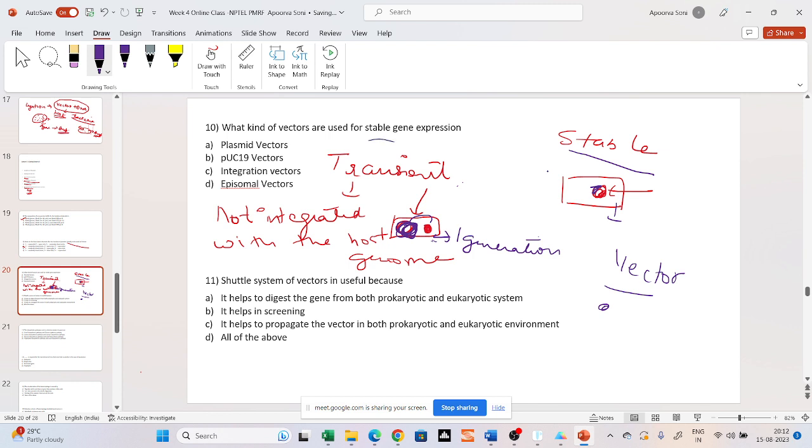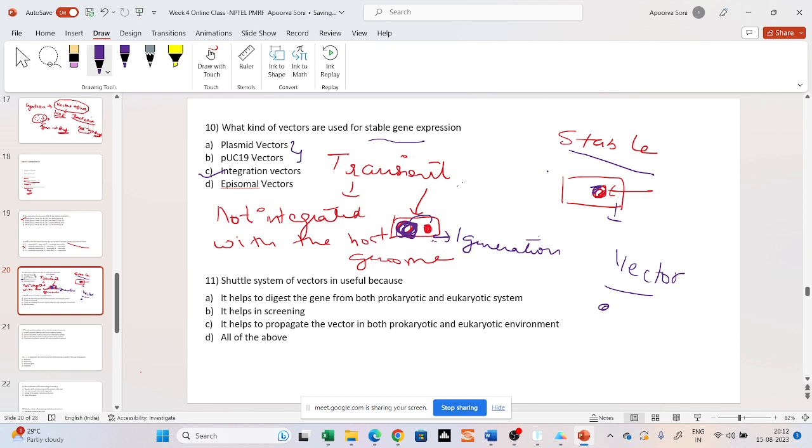So for stable gene expression, which kinds of vectors do we need? Which can be integrated into the host genome. Yes, so we need integration vectors. For stable gene expression, we need integration vectors. So these are not integration vectors.